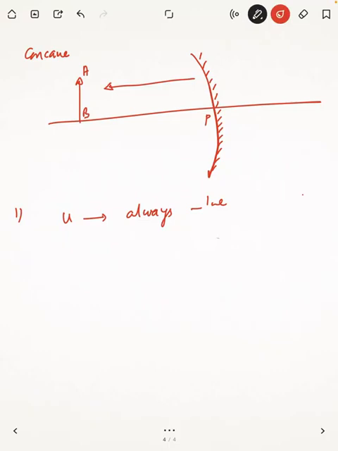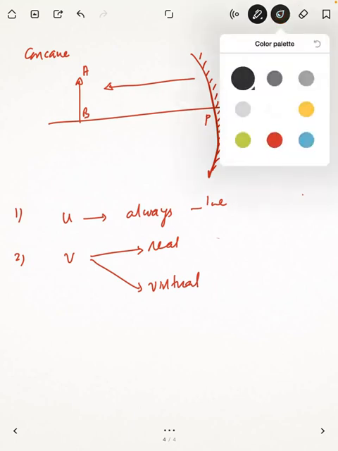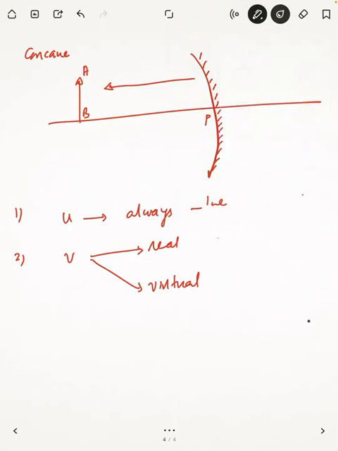Next we see what about v, that is image distance. Image can be real image or it can be virtual image. Okay, if it is a real image, where it will be? Real images are formed in front of the mirror. This is your real image, a dash b dash. So image distance is measured from the pole, it is toward left side.